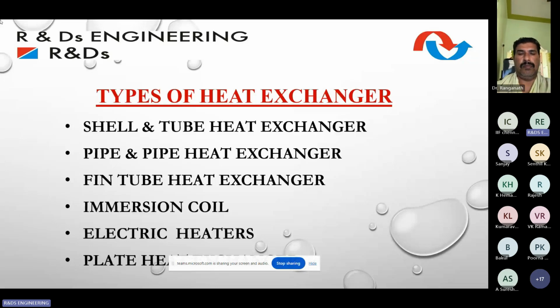Generally, this is like a radiator, where the fluid gets cooled with the help of atmospheric air. This is a fin tube heat exchanger. And there is one more product, that is the immersion coil.